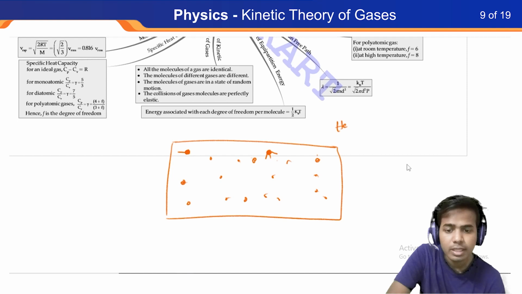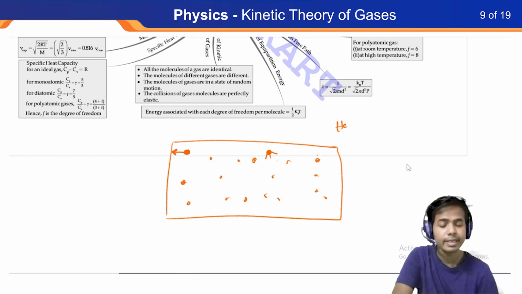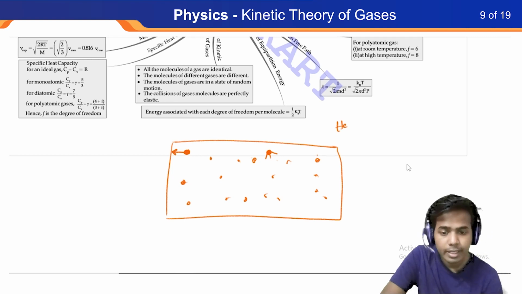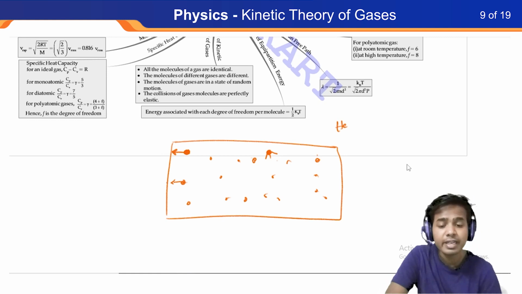Then what it says is the collision between these atoms and the wall, since they have initial velocities, is perfectly elastic.